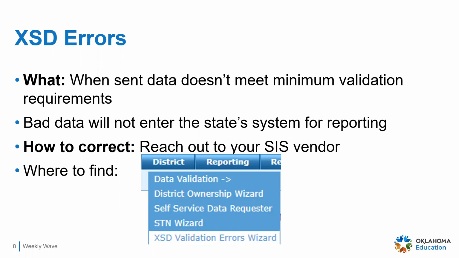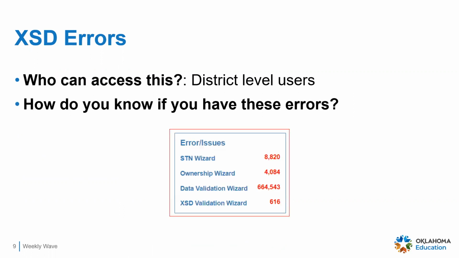You find those errors under the district XSD error validation error wizard, where it lists the issues you need to correct. You can also tell if you have them by your dashboard on the Wave. It's the bottom bullet that says XSD errors. The people that can access that are your district level users, so please be sure that you're checking those.